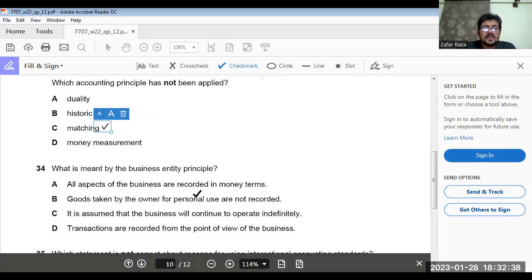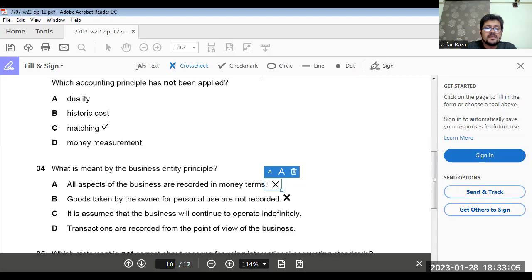What is meant by the business entity principle? Business entity principle relates to the owner only. All aspects of business are recorded in terms of money, no. Goods taken by the owner for personal use are not recorded, no. This could not be the answer.